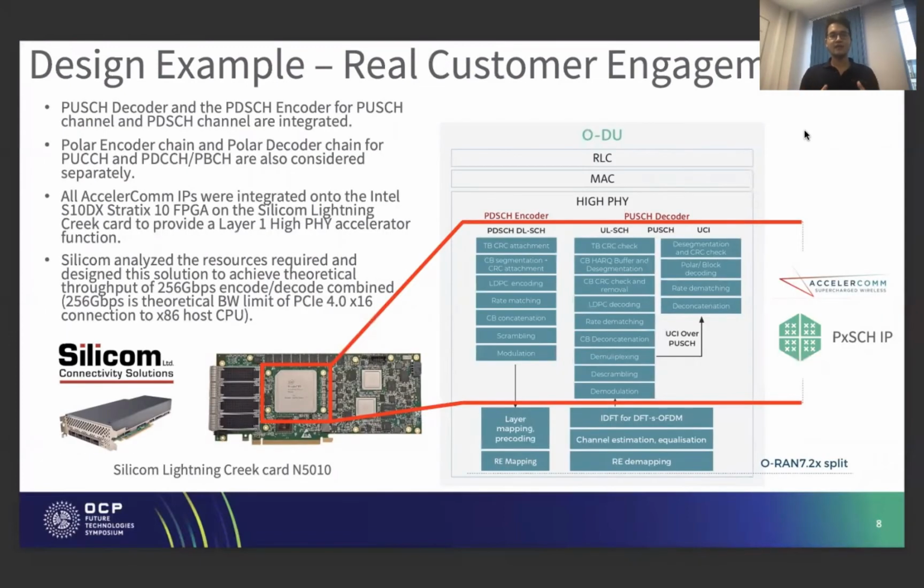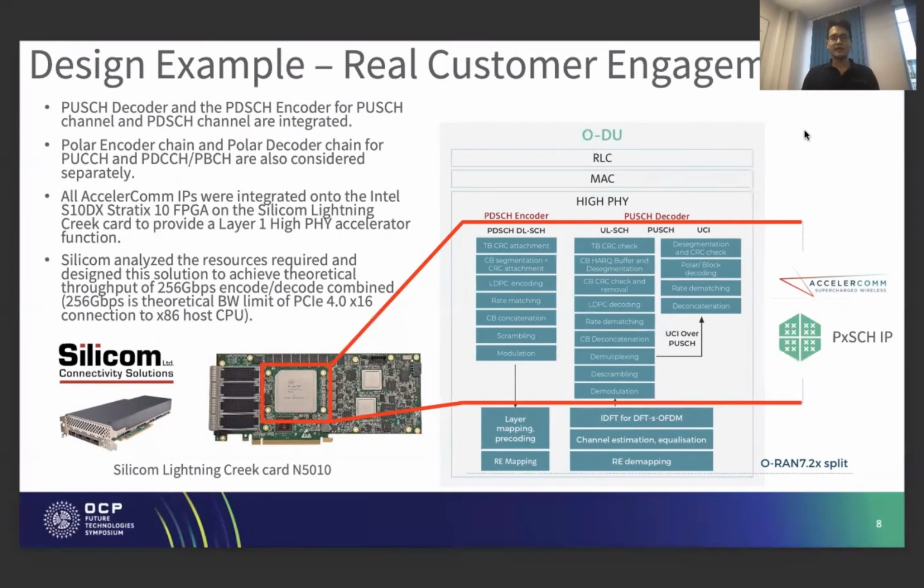Next, together with the PXSCH channel IP products, i.e. PUSCH decoder and PDSCH encoder, plus polar encode chain and polar decode chain for PUCCH and PDCCH, also from AccelerComm, we have integrated all these IPs onto the Intel Stratix 10 S10DX FPGA on the Silicom Lightning Quick card to provide the layer one High-PHY accelerator function.